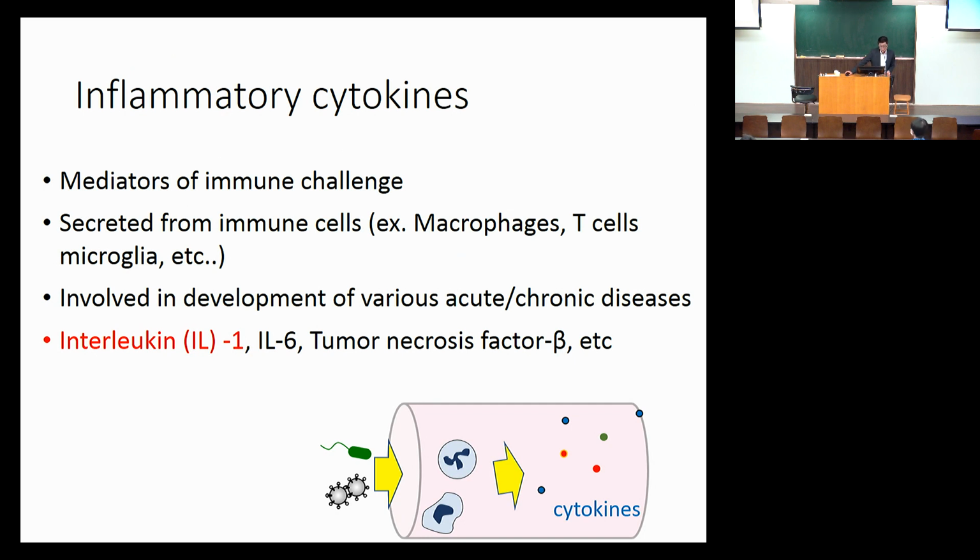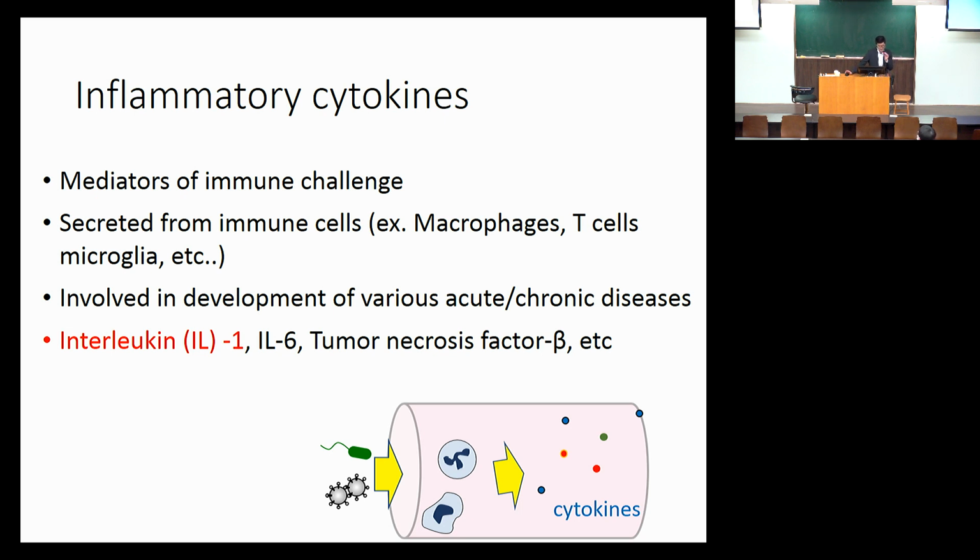In many cases, inflammatory cytokines work for these responses. Inflammatory cytokines are mediators of immune challenge, secreted from many immune cells, and they are involved in many different kinds of acute or chronic diseases, especially IL-1, IL-6, and tumor necrosis factor.